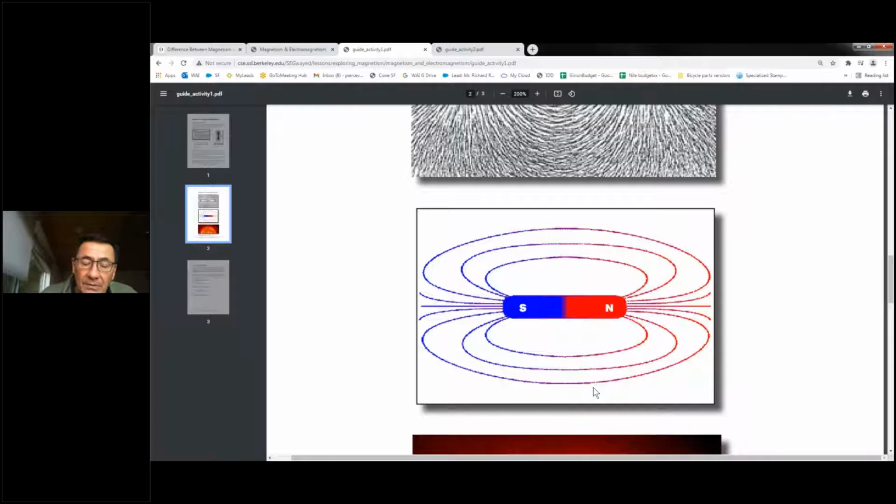And if I put a piece of iron next to that aluminum, the magnetic properties of the iron will enhance the density of the magnetic field created through electromagnetism in the aluminum.